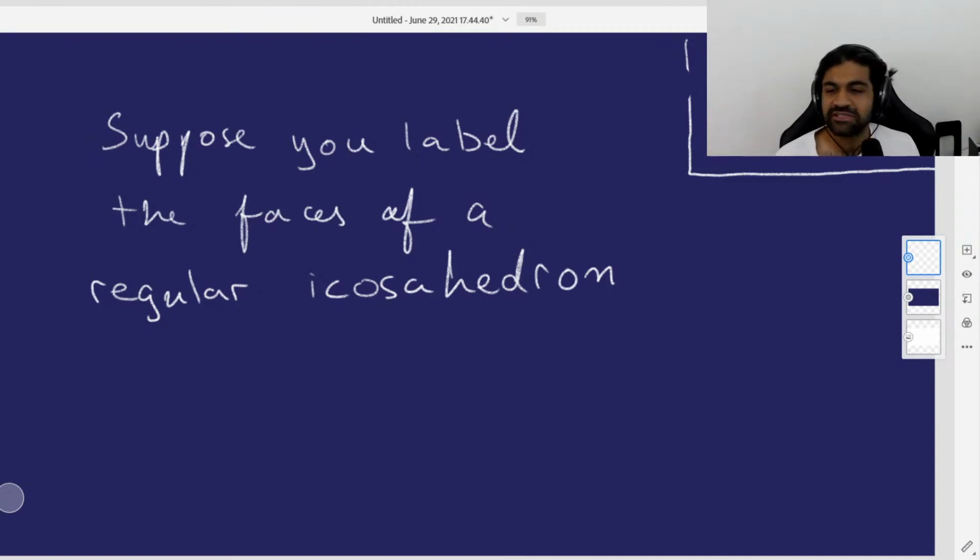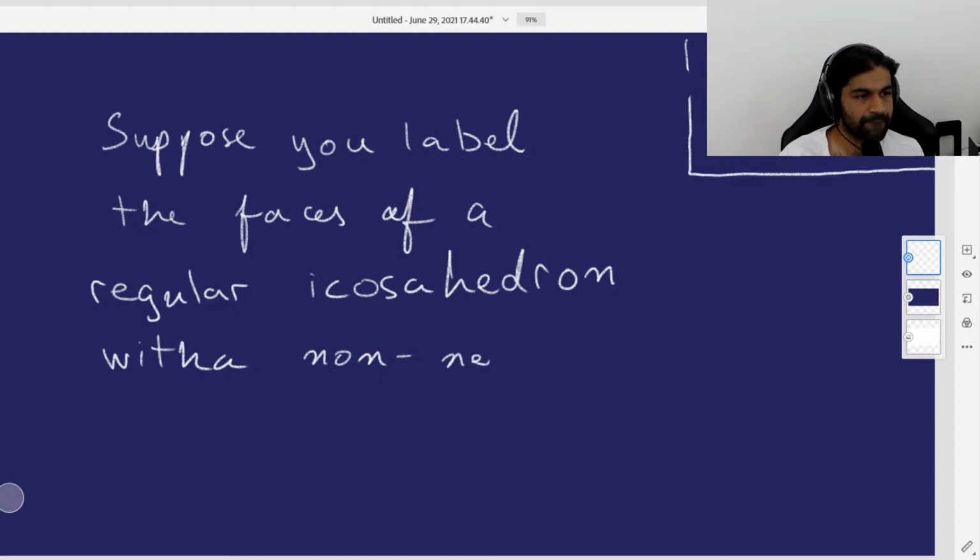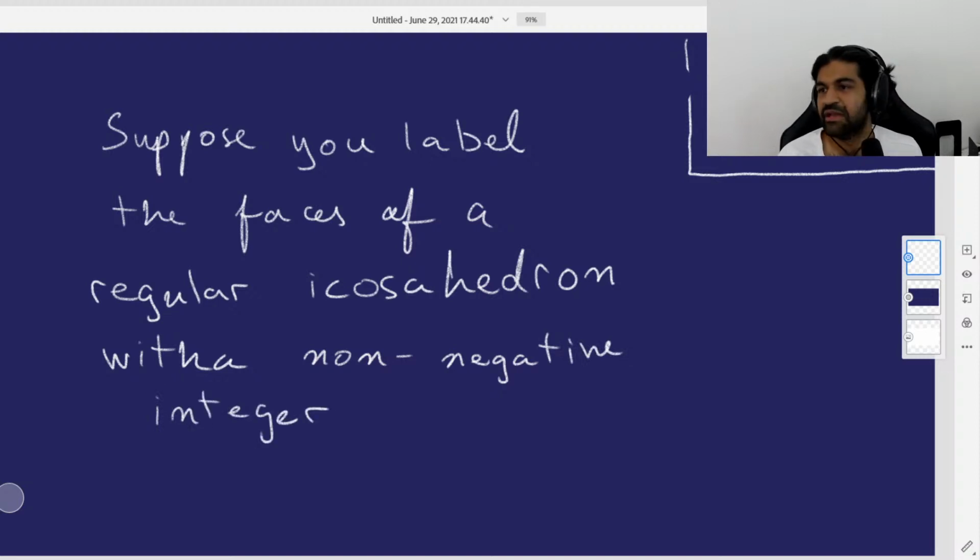Okay. So suppose you label the faces of a regular icosahedron, each with a non-negative integer.